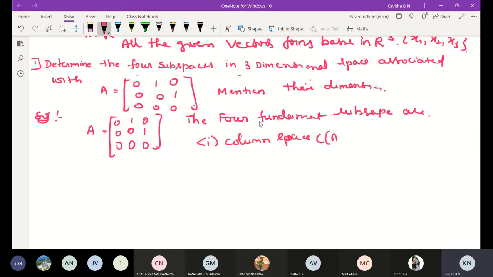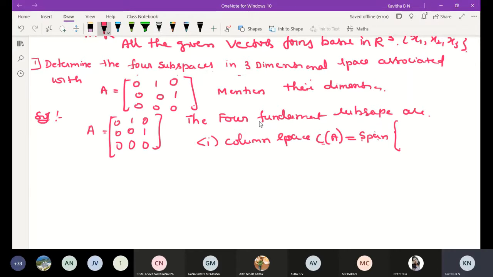Already I told C of A is nothing but the column space. The first column here is 0 only. We are not considering it, since we need a column with at least one number present. In the first column, no number is present. That's why we are not considering it.